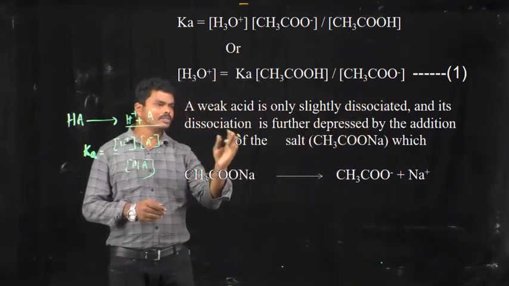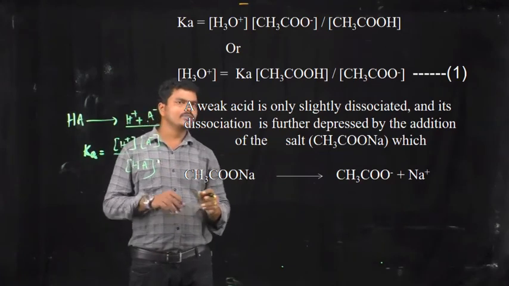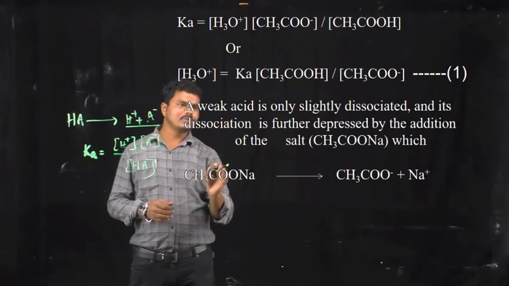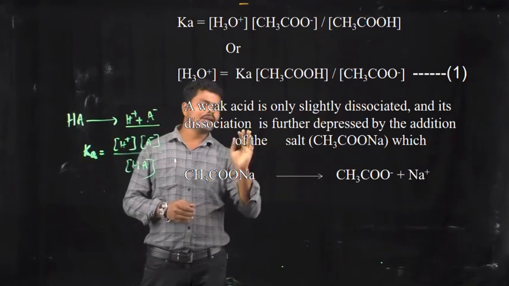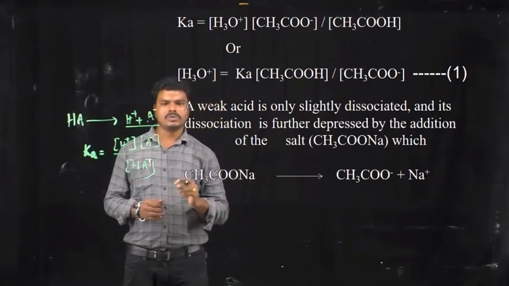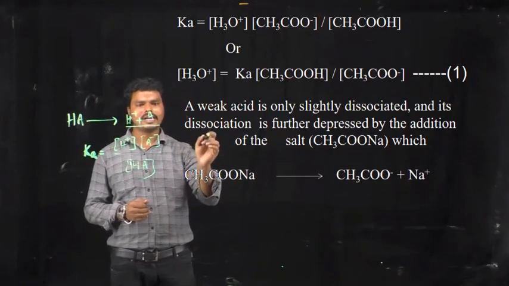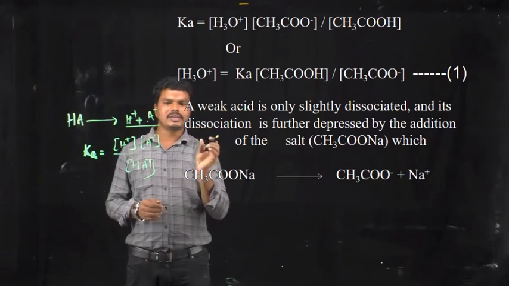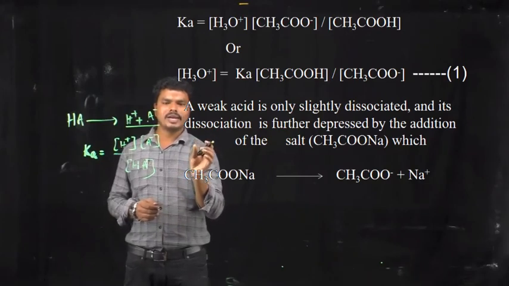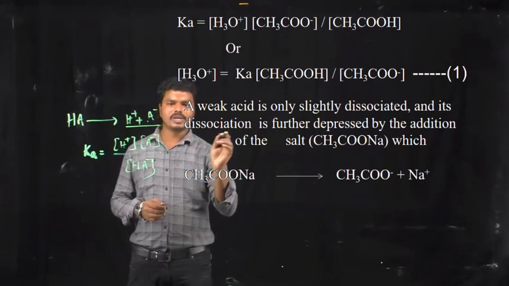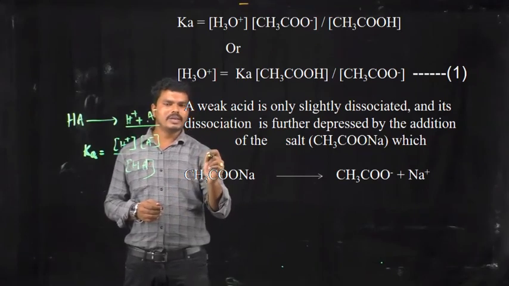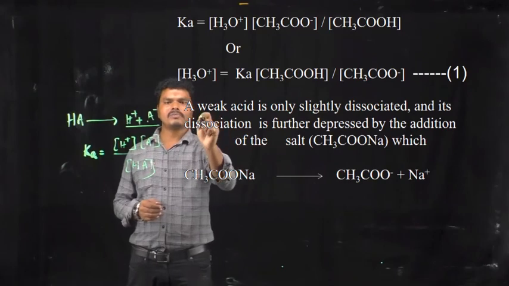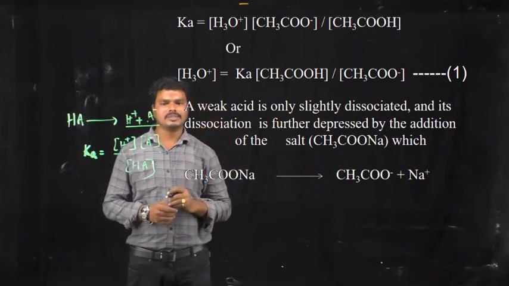Then when you add sodium acetate to that solution: we know that acetic acid is a weak acid and is subjected to slight dissociation or slight ionization. Understood? This slight ionization is suppressed or decreased by the addition of a salt which has the same common ion present in the acetic acid.